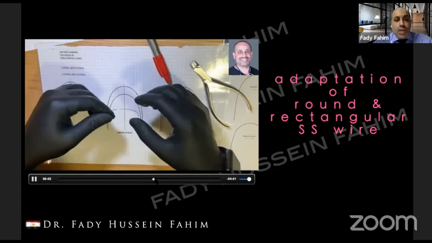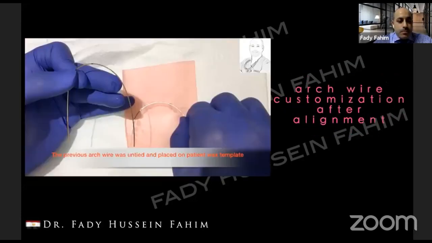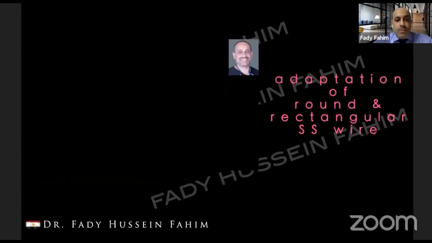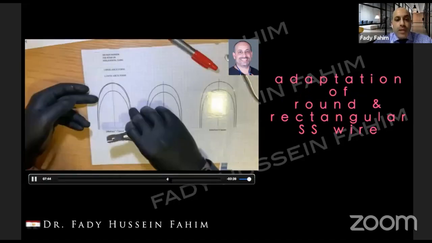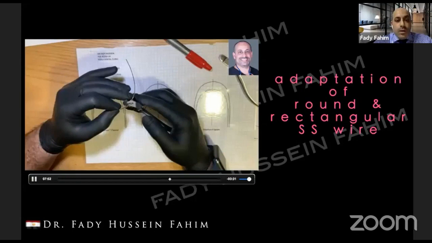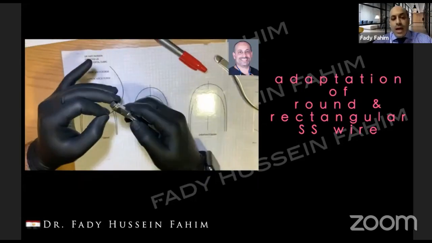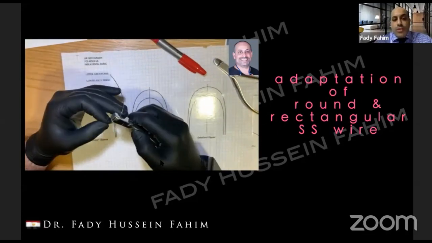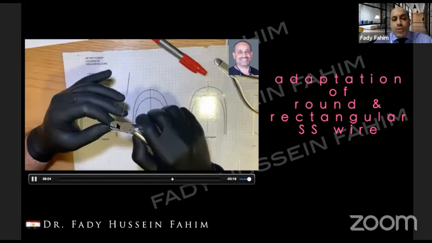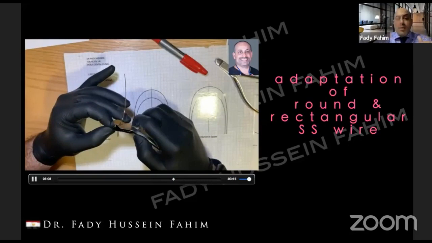Also, you can use the Della Rosa or the hollow chop plier, with groove or without groove, it doesn't matter. However, I like it more without grooves, because with grooves it's not allowed to enter the wire unless in the groove. Otherwise, it will make some distortion in the wire.